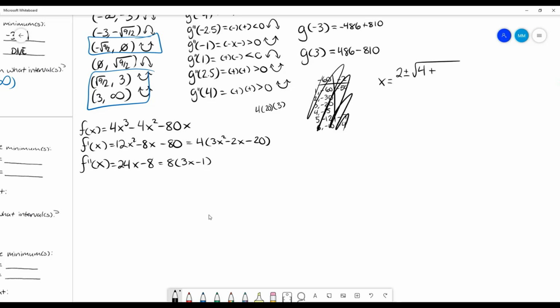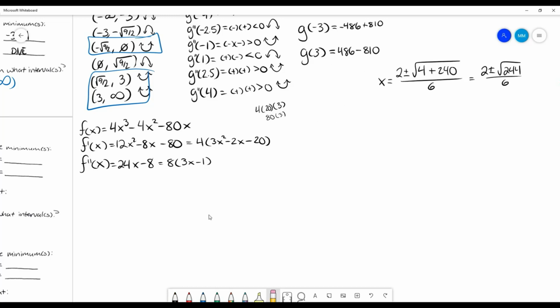That's going to be 80 times 3, which is 240, over 2a, which is 2 plus or minus the square root of 244 over 6. Let's see if we can pull anything out of that radical. Okay, so I've got 244.